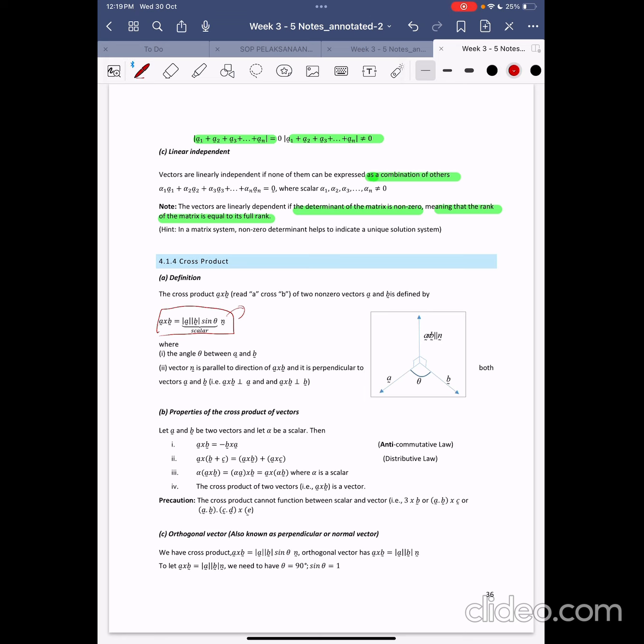So if you do A cross B, you will get the resultant direction in the vector normal to that, which is 90 degrees from the cross product.